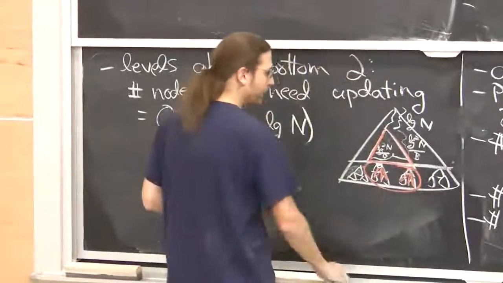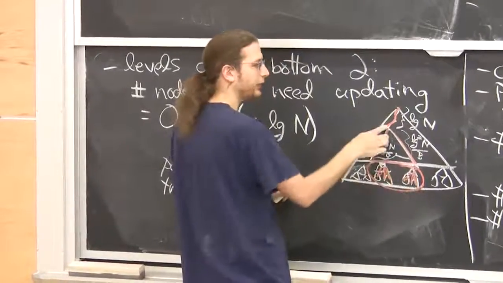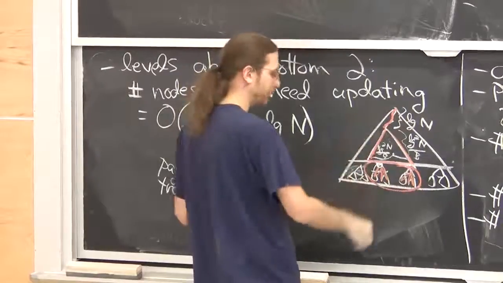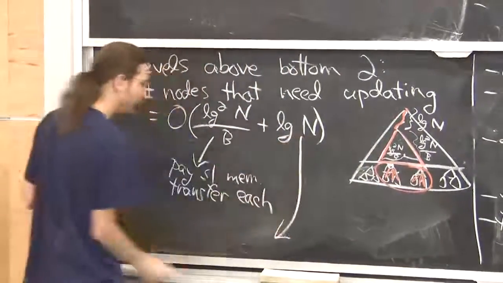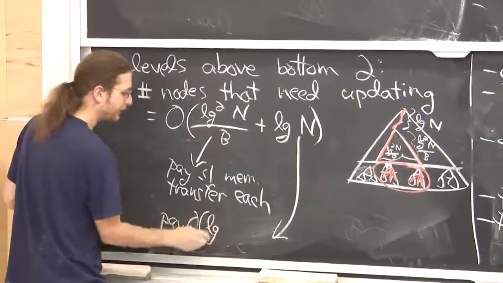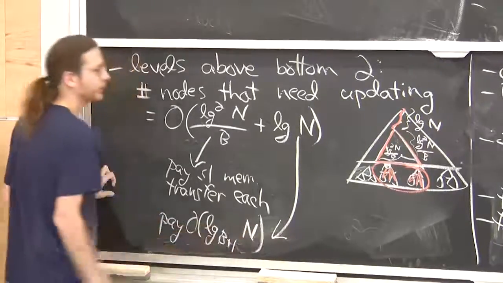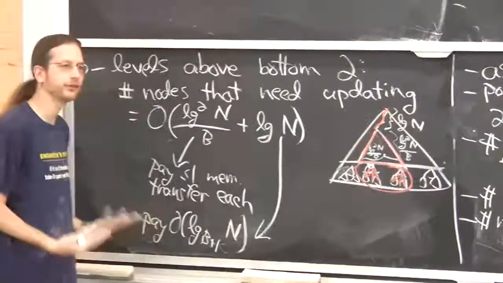And finally, we have to pay for these nodes up here, which are from the common ancestors of these guys up to the root. And that has length at most log n, could be smaller if this was a big interval. So for these guys, we pay order log base b of n. Why? Because this is a root to node path. And this is the static analysis.